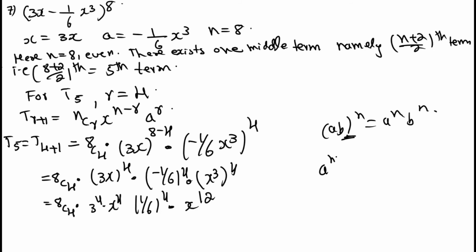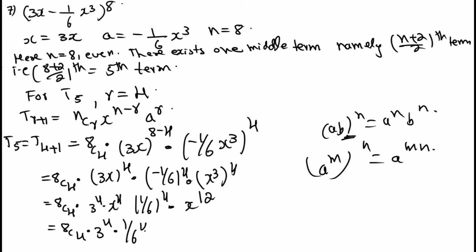Why? (a^m)^n equals a^(mn). Now the answer: 8C4 into 3 to the power 4 into 1 by 6 to the power 4 into x to the power 4 into x to the power 12. a^m into a^n is a^(m+n). So x to the power 4 into x to the power 12 is x to the power 4 plus 12, equal to 16. So this is the middle term.